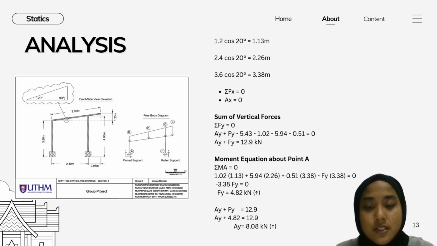Using this value, the reaction at support A is found to be 8.08 kN. The calculated support reactions show that the structure satisfies all static equilibrium conditions. This confirms that the beam and supports are capable of resisting the applied load safely.